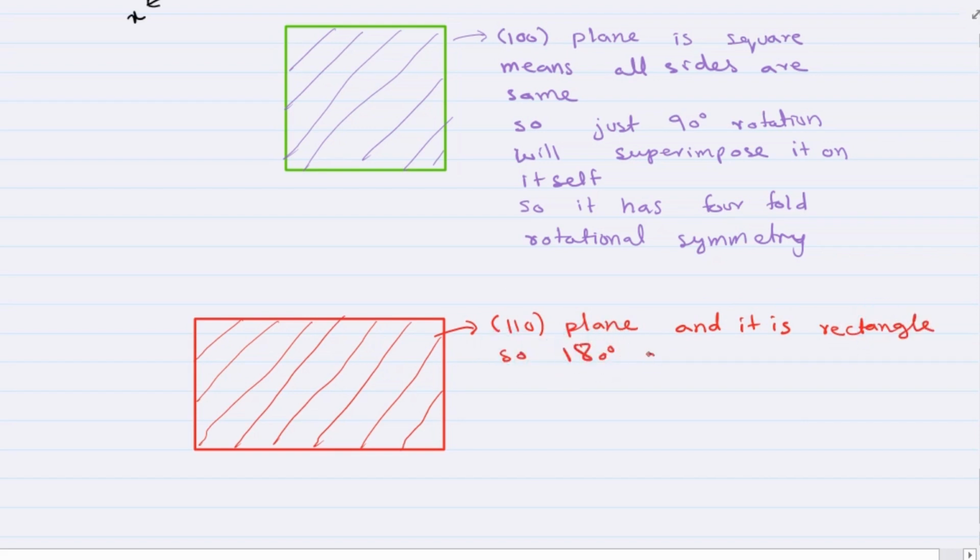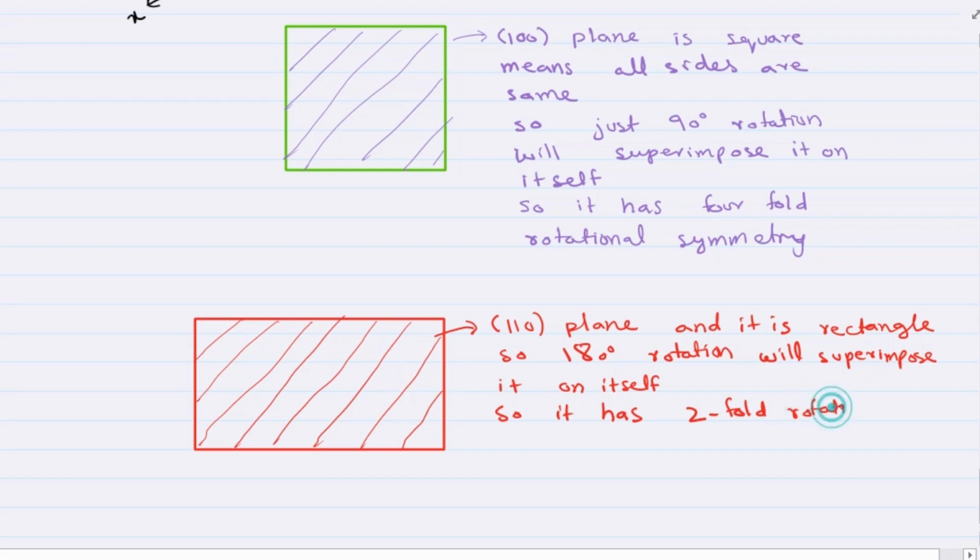So a 180 degree rotation will superimpose it on itself. So it has twofold rotational symmetry.